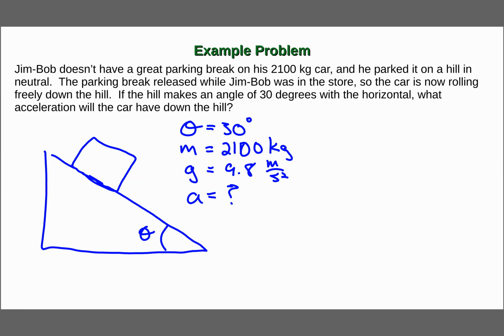So I draw it this way, and then the next step that I want to do in a problem like this is draw my forces on it, okay? So we know we'll have the force of gravity pulling down, and we know we'll have the normal force pushing perpendicular to the ground, okay?